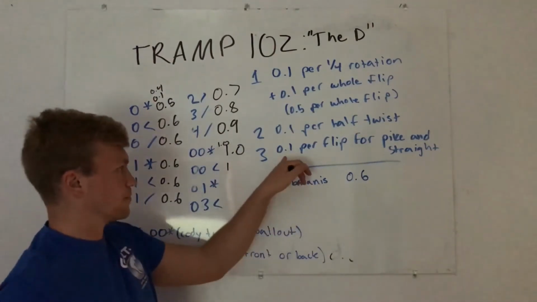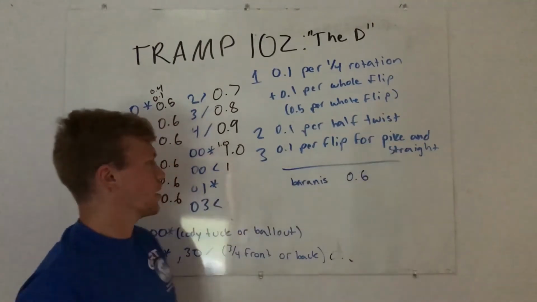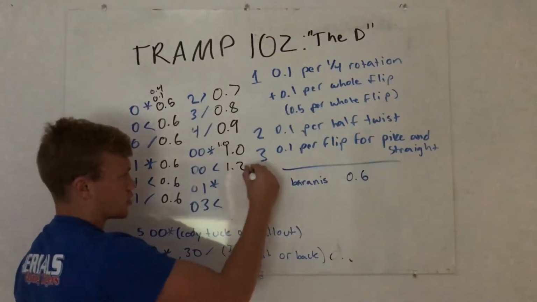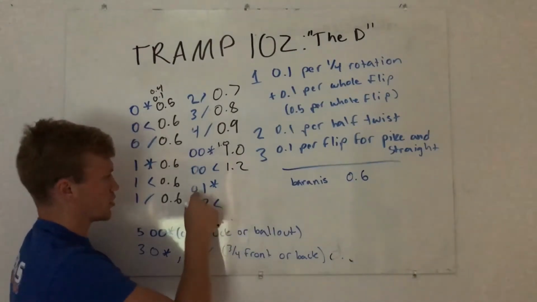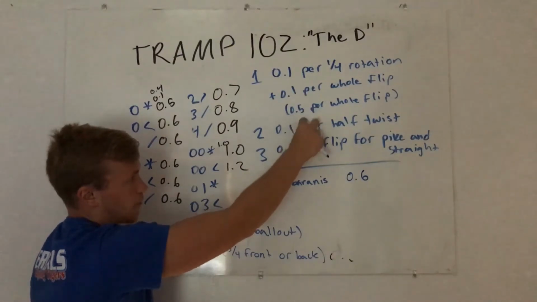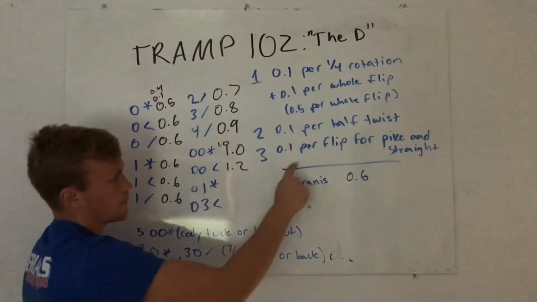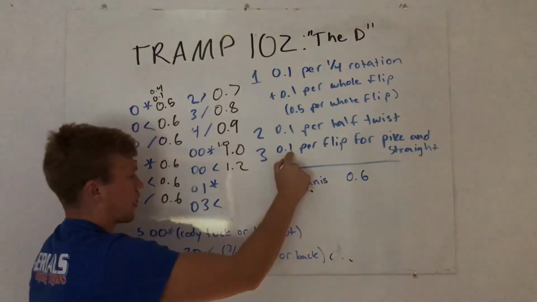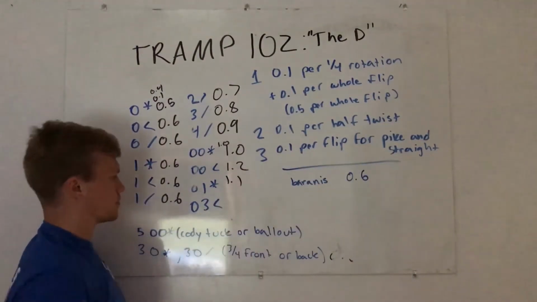And then we get an extra tenth per flip for doing it pike, so that brings us up to 1.2, 2 flips, 2 tenths. A half out tuck is going to start at a 1.0 because it's 2 flips, half a point per flip. Then we add a tenth onto that for the twist, and then we don't get any position bonus in step number 3, so that puts us at 1.1.